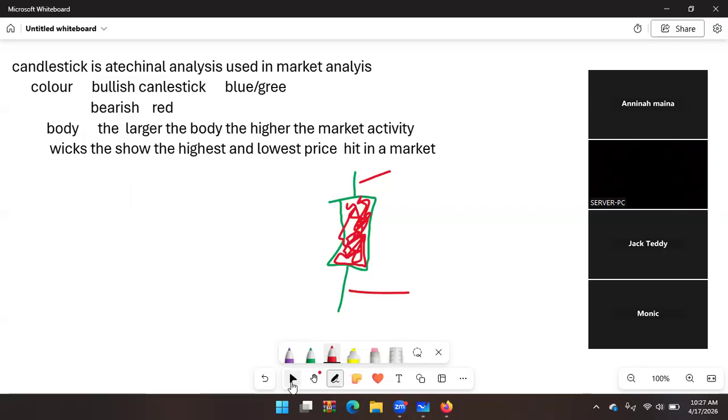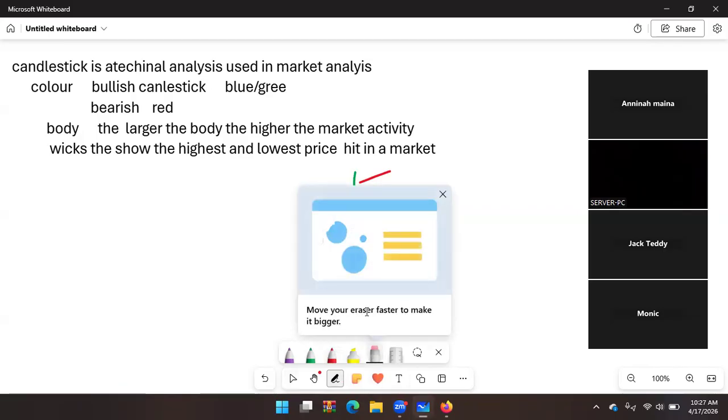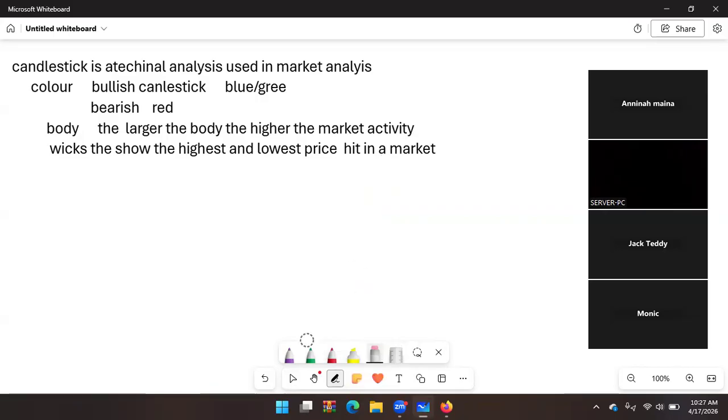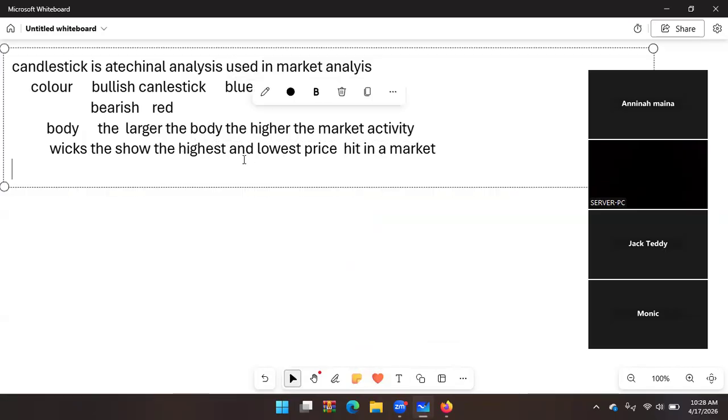Now with that, we can look into the types of candlesticks that we have. We have two types.